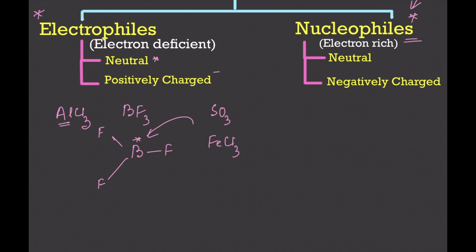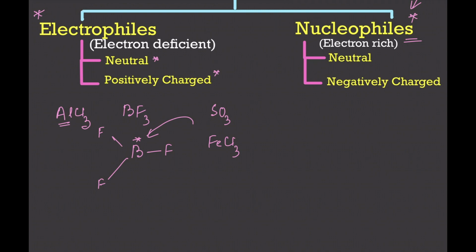Coming to the second type, that is positively charged electrophiles. In positively charged electrophiles, the central atom will carry a positive charge, and whenever there is a positive charge, it indicates electron deficiency. So a positively charged electrophile will easily attack any center or any active site of the substrate which is electron rich and can accept some electrons and get bonded to it.